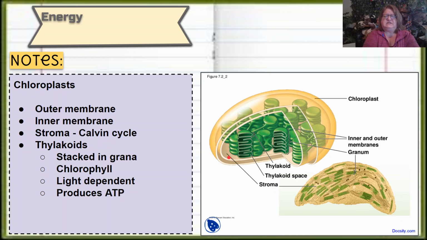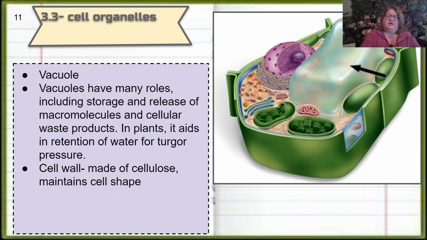That's where we see the Calvin cycle in the stroma. And the stroma would be this light tan area surrounding the thylakoids. So the mitochondria produces ATP from the sugars we eat, and then the chloroplast uses light energy to make those sugars.